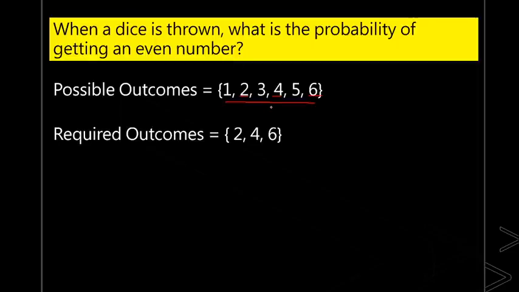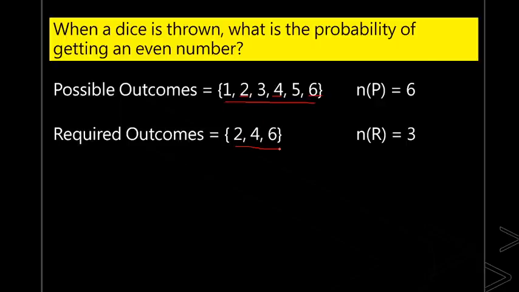So how many values are in the possible outcomes? n(p) is nothing but the possible outcomes. There are 6 possible outcomes. What about the required outcomes? We have 3 required outcomes. I'm just taking the count: n(p) is the number of possible outcomes and n(r) is the number of required outcomes. I have 6 possible and 3 required outcomes.